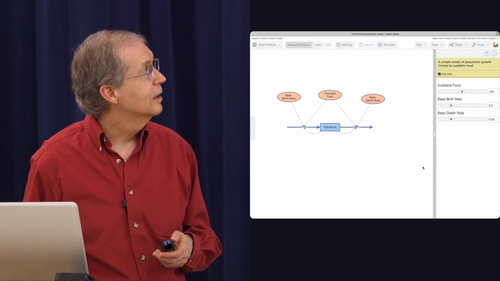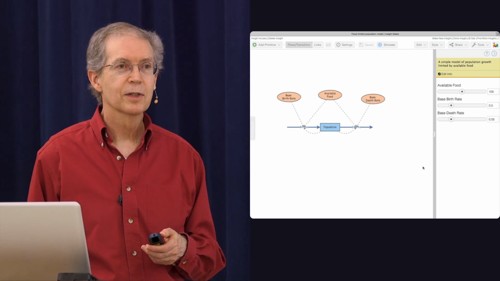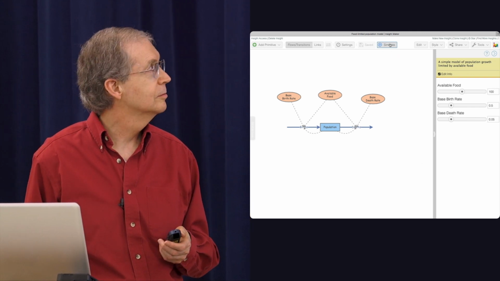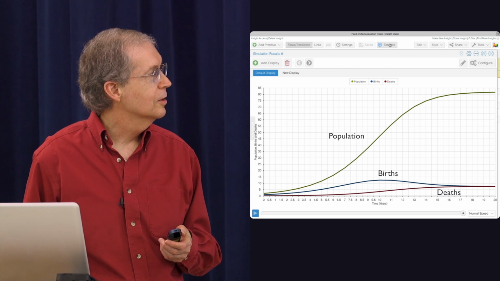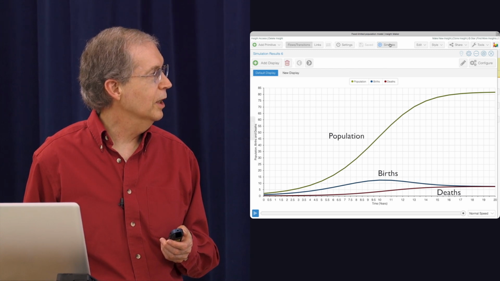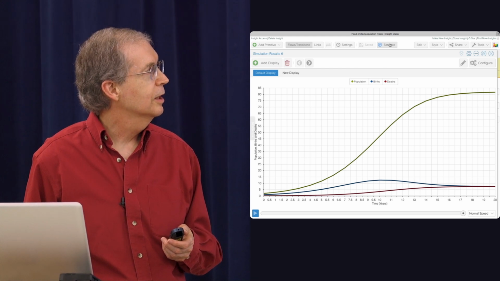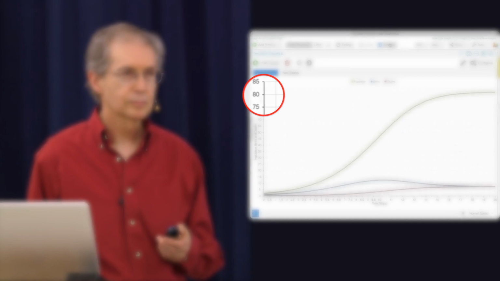Okay, let's look at what happens if we just let this model run over time. So here we are over a span of 20 years, starting with our population of 2, it eventually grows up to a population of about 80.